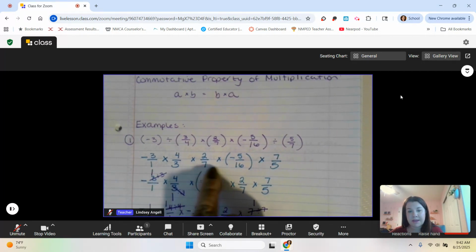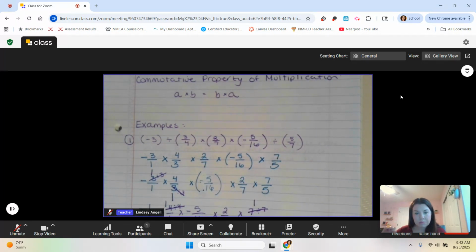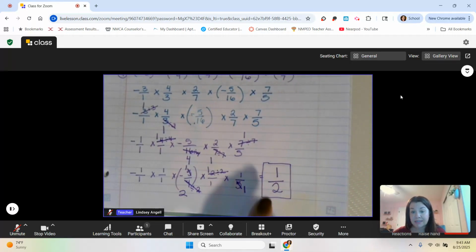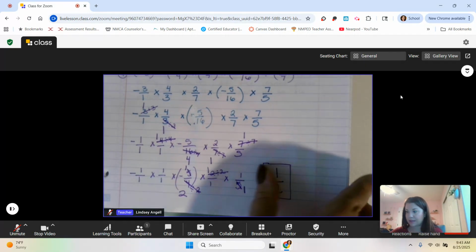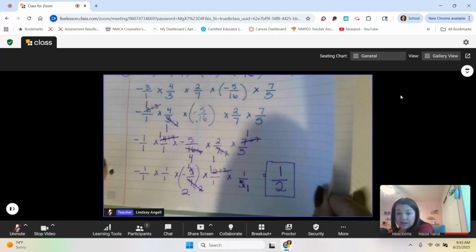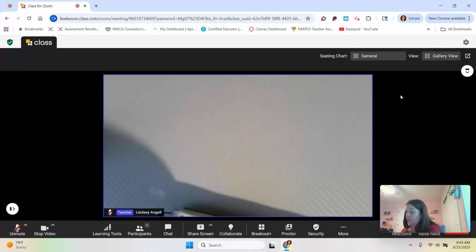From here, go ahead and multiply straight across and get the really big numbers, but then eventually after you start simplifying after the fact, you should get back down to 1/2. So it's pretty amazing how we can manipulate the numbers like that to help us.